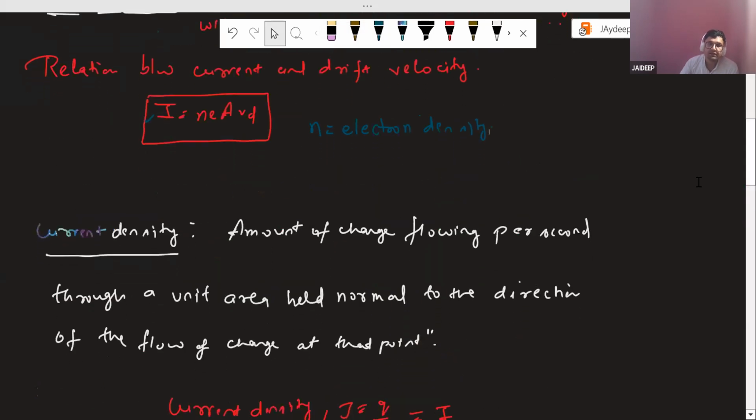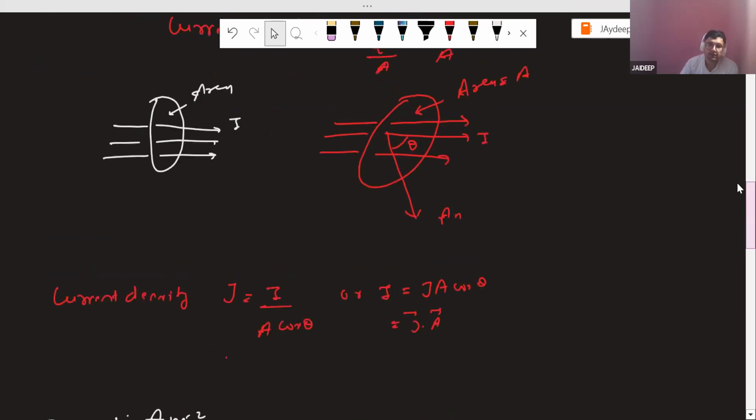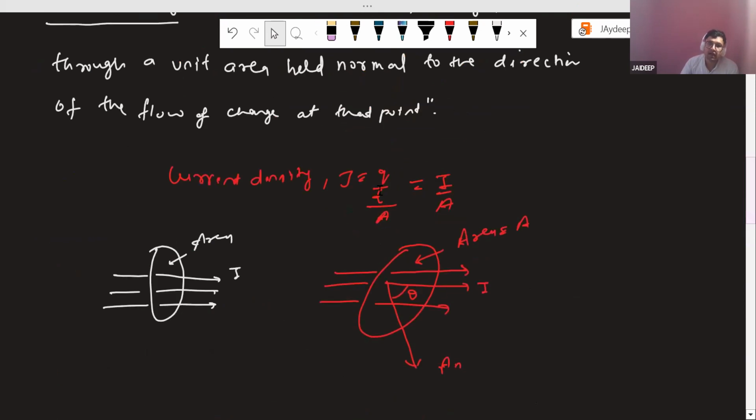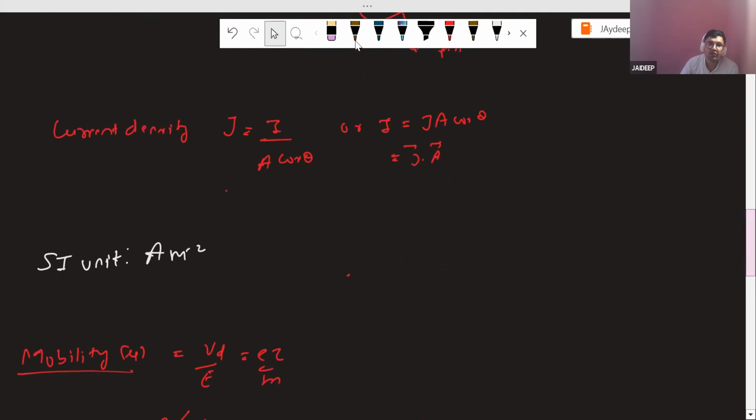Now current density. The amount of charge flowing per second per unit area perpendicular to the direction of the flow of charge is known as current density. So current density is current flowing per unit area. I over A is known as current density.